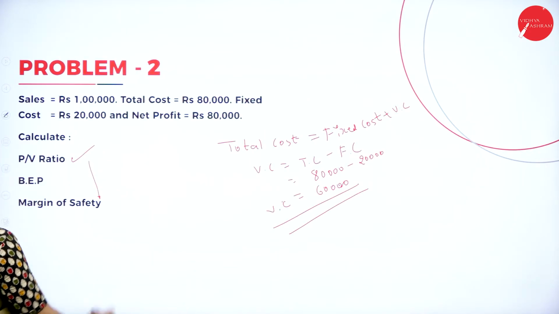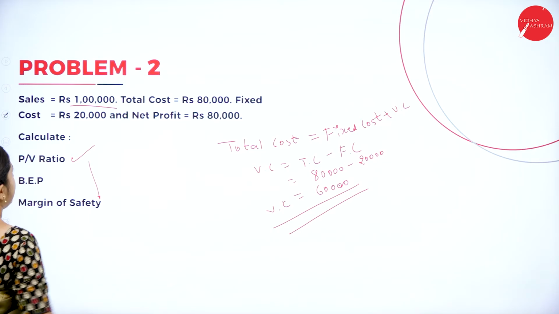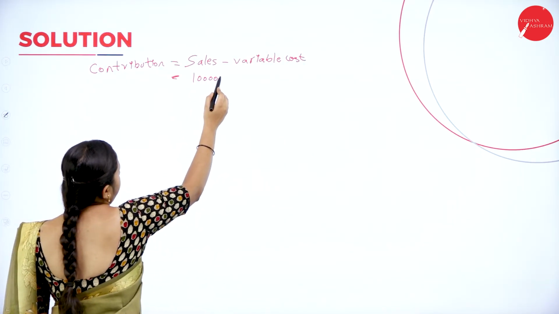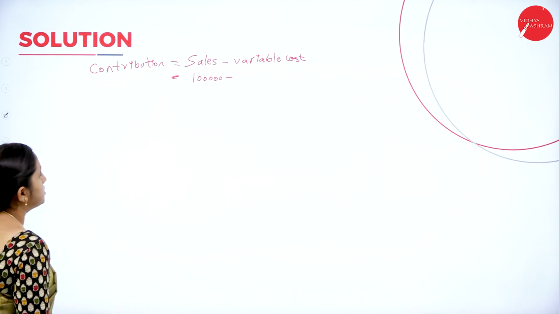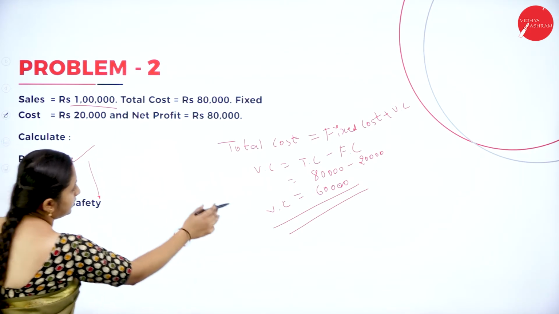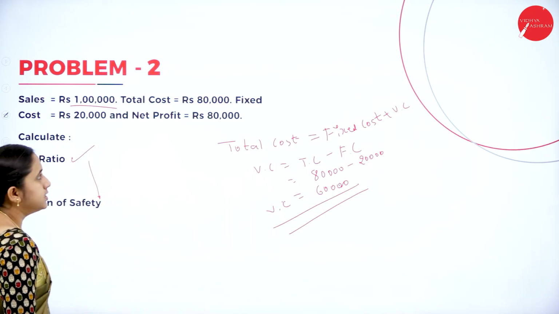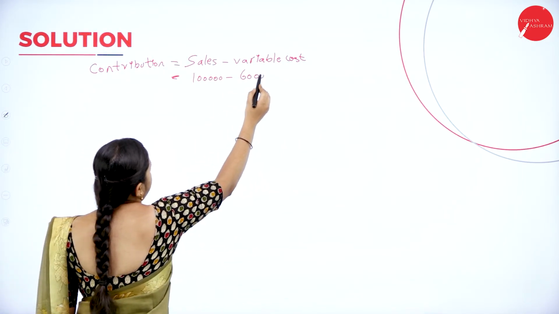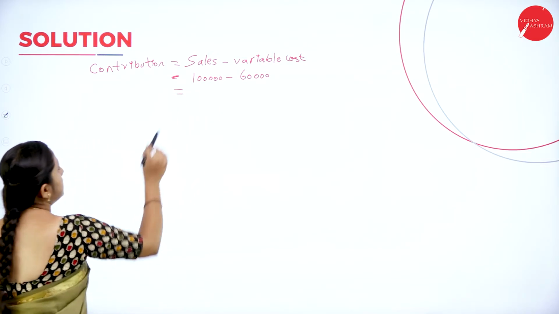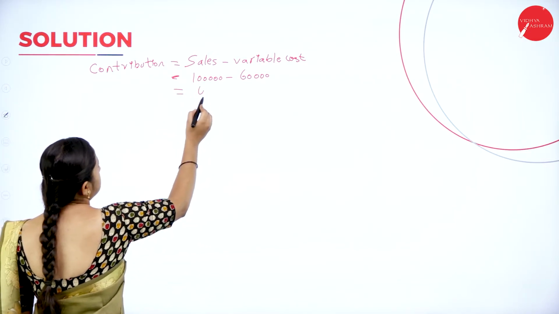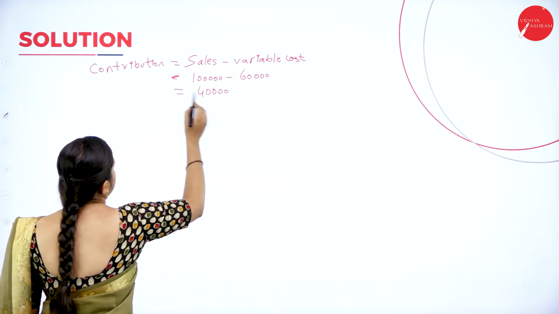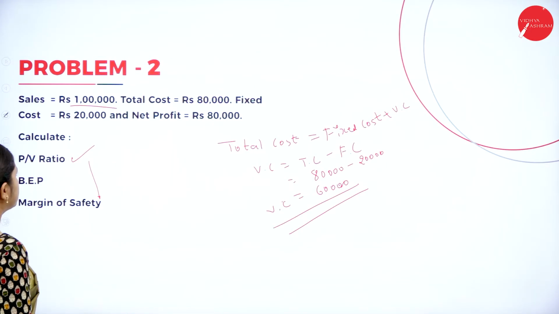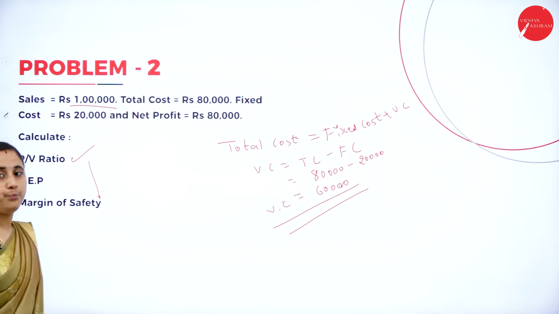Here sales is rupees 1 lakh. So write 1 lakh. Next variable cost is 60,000. So write 60,000. 1 lakh minus 60,000, 40,000 is contribution. Next, calculate PV ratio.